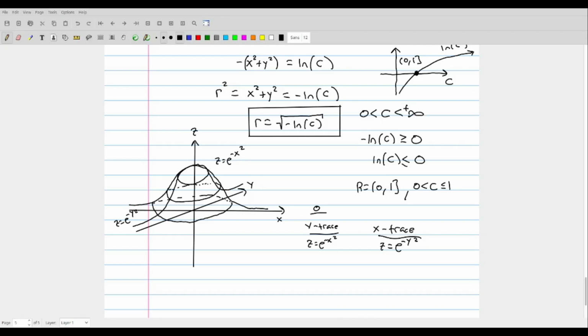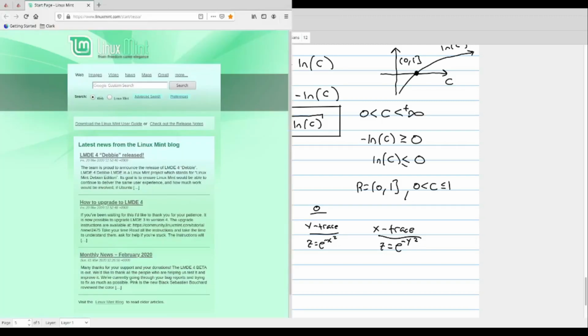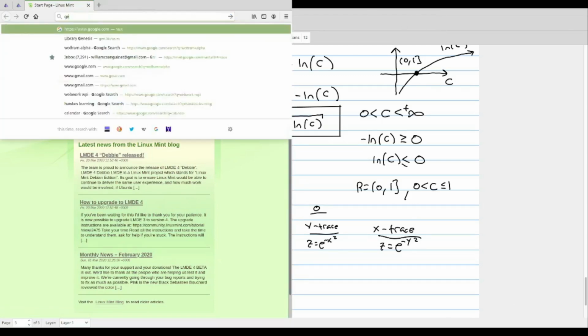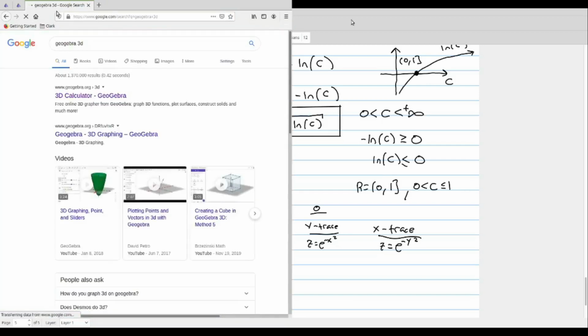So if we open up our Geogebra window, this is exactly what we'll see.